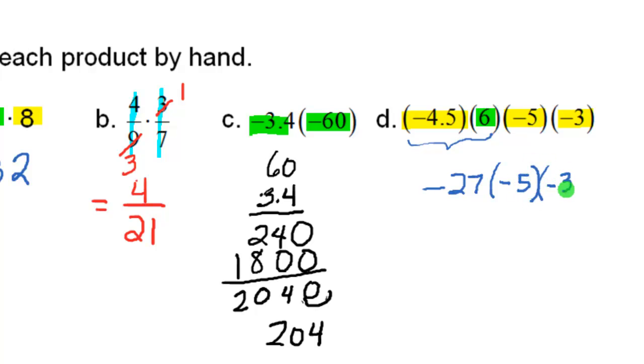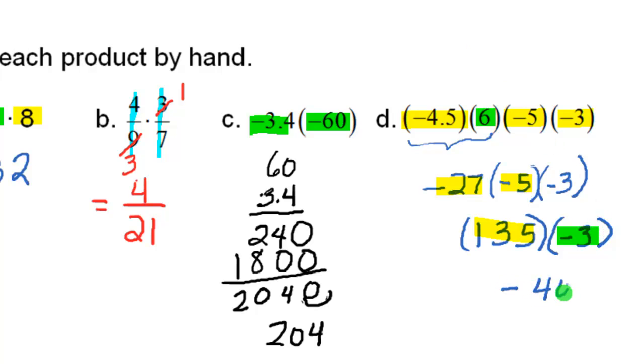Now we're going to multiply, bring down the other two numbers. Now we have negative 27 times negative 5, which is a positive 135, times a negative 3. And since we have a positive times a negative, we know that our answer will be negative. And that's a negative 405.